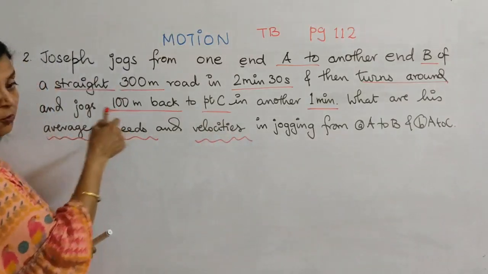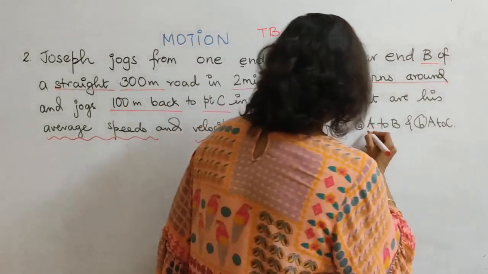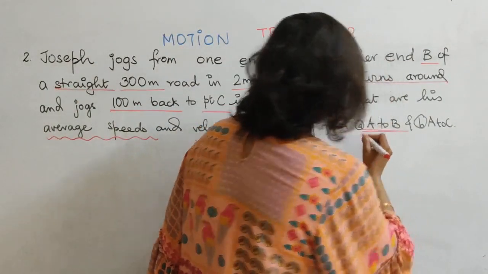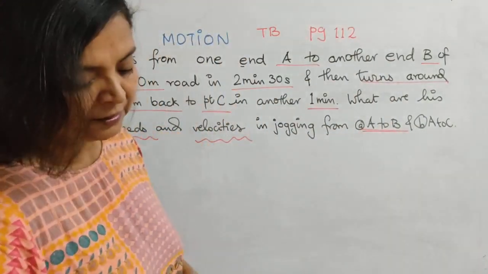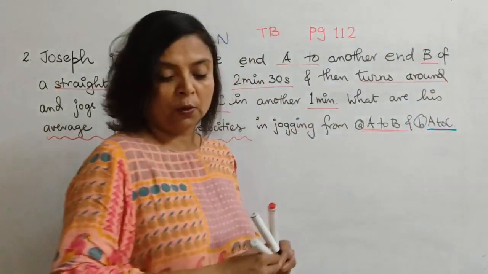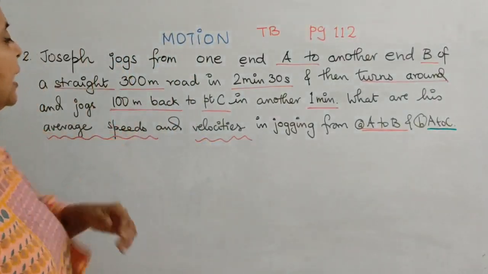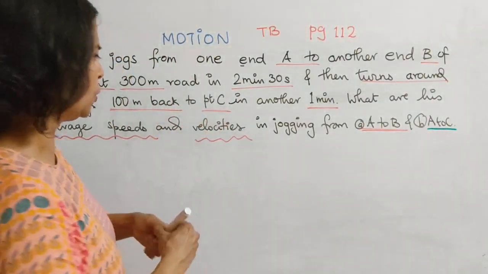So we have to find speeds and velocities in jogging from A to B and B to C, right? So we have underlined the keywords, and now let us make it a little pictorial, okay?